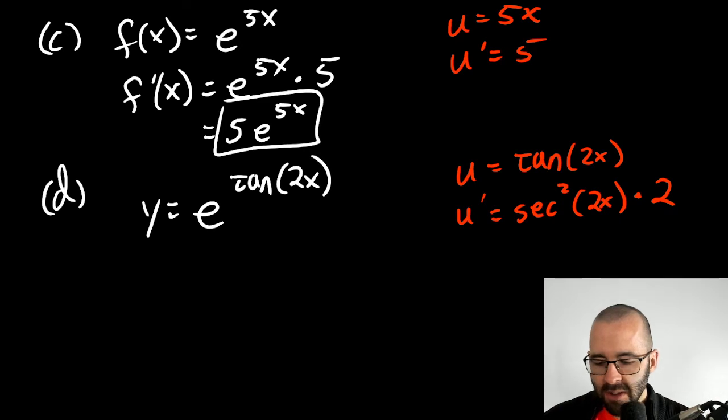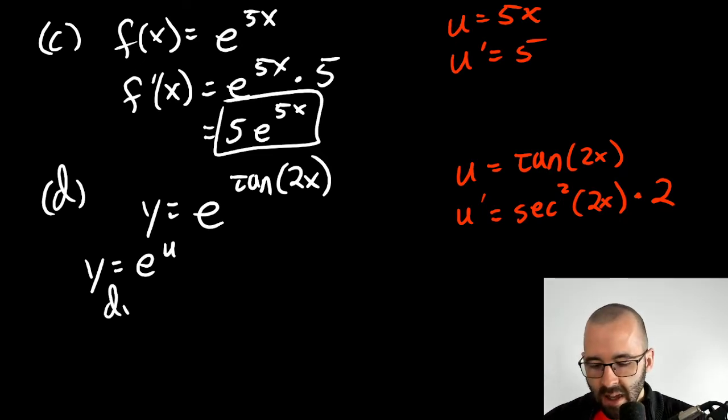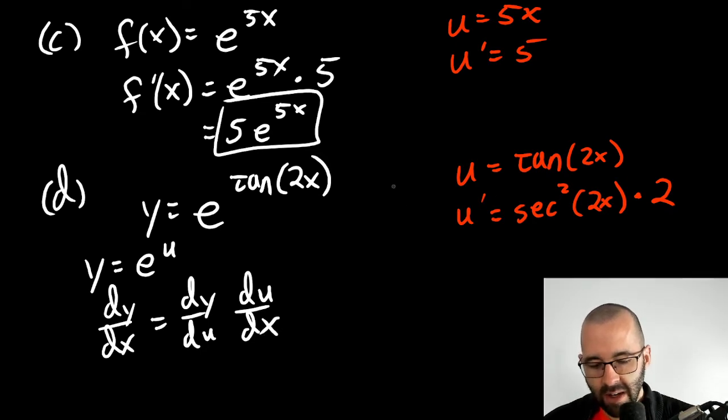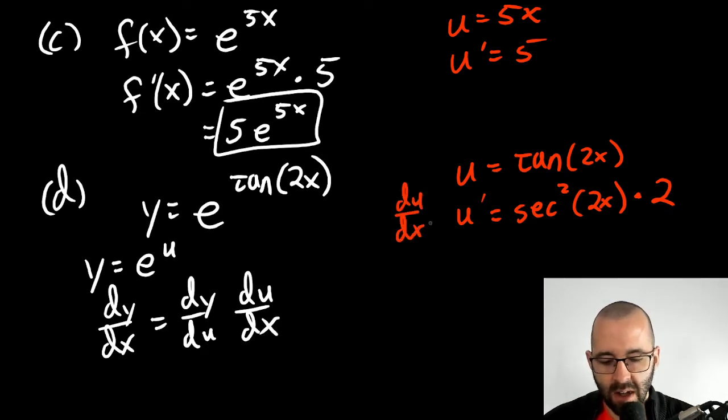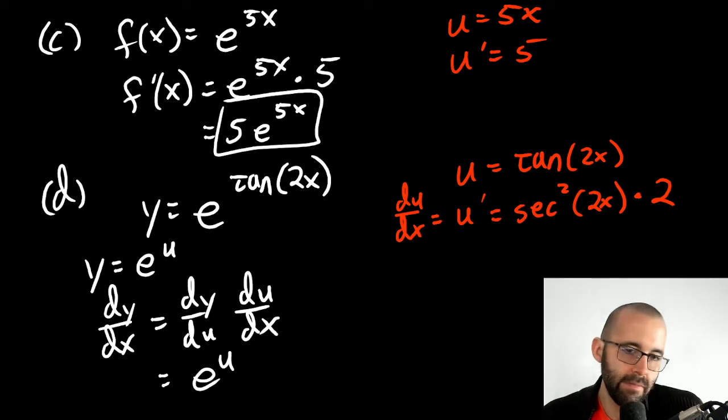And again, as a reminder for the chain rule, it really can be useful if you write it in this form. u is tangent of 2x, so just do it this way. And then remember that the chain rule says this is going to be dy du times du dx. And this right here is du dx, the derivative of u with respect to x. So the derivative of y with respect to u is itself times the natural log of e.